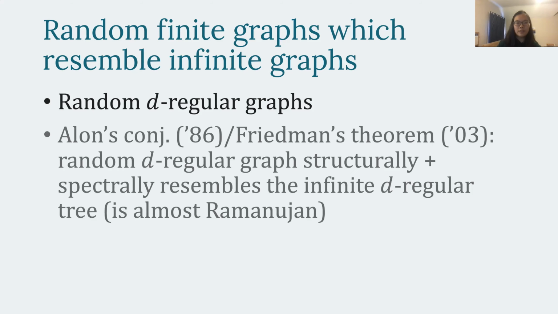And it turns out that random d-regular graphs resemble the infinite d-regular tree because the local neighborhoods of a random d-regular graph look like local pieces of the infinite d-regular tree. And also by a conjecture of Alon that was proven by Friedman, the random d-regular graphs also spectrally resemble the infinite d-regular tree in the sense that, up to epsilon, it's almost Ramanujan. And this happens with high probability.